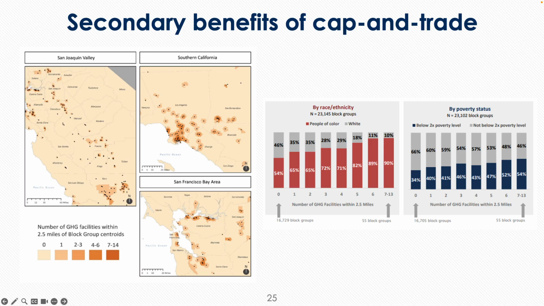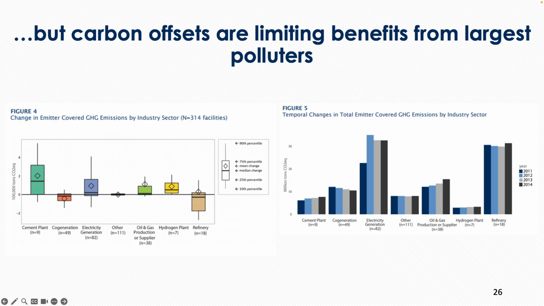So we would normally think that the cap and trade thing is going to provide a lot of good secondary benefits. But actually a lot of the carbon offsets limit some of the benefits from what has been identified as the largest producers, right? And so here, change in emitter covered by greenhouse gas emissions by industrial sector.